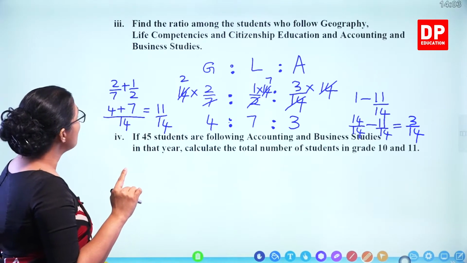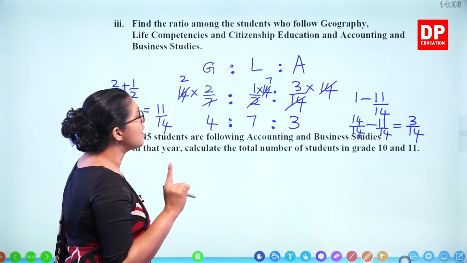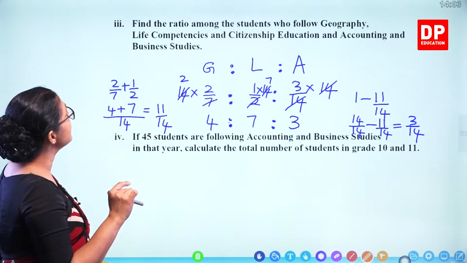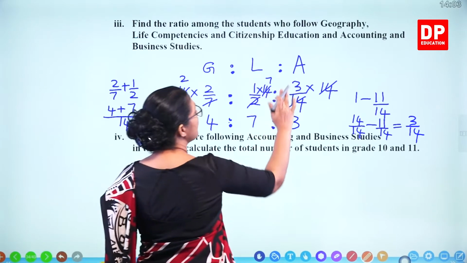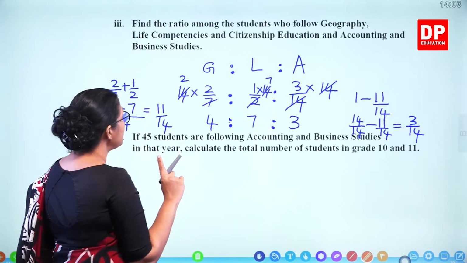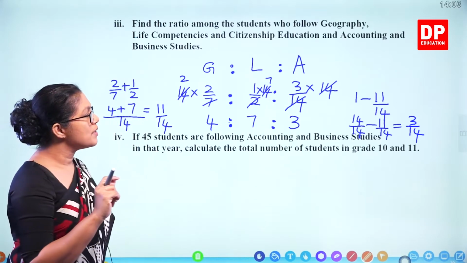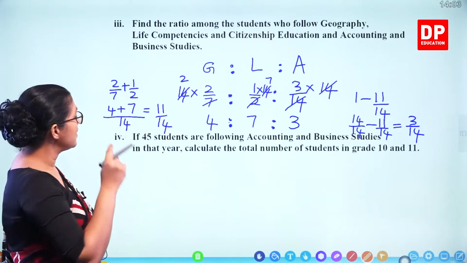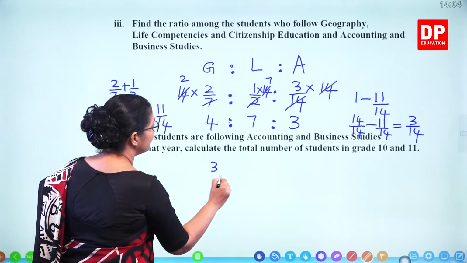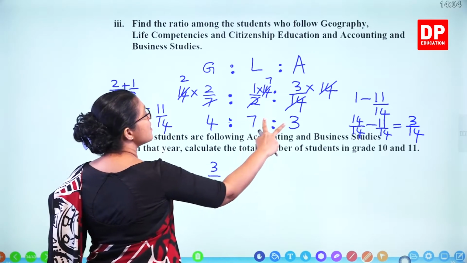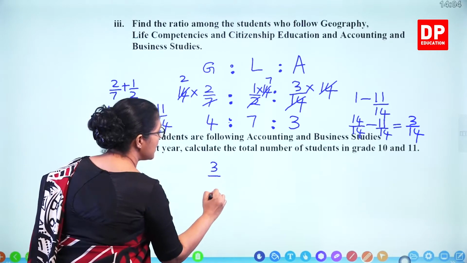Then fourth part, if 45 students are following accounting and business studies, this one, in that year, calculate the total number of students in grade 10 and 11. So 3 parts out of total parts, 4 plus 7 plus 3, 14.